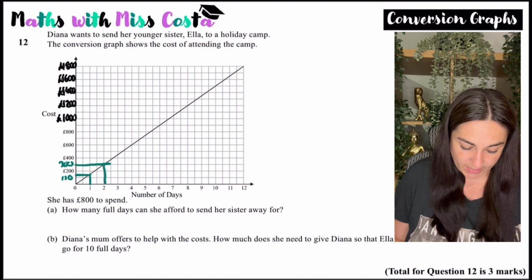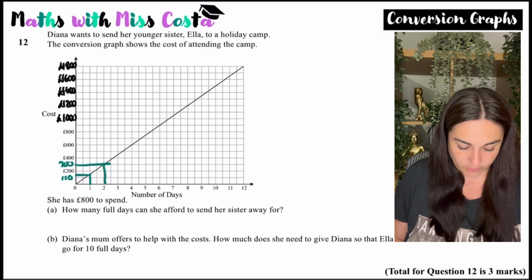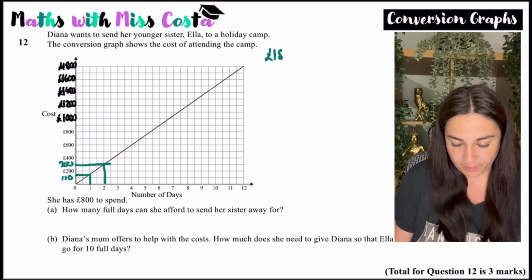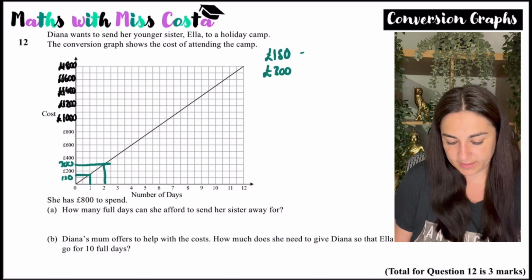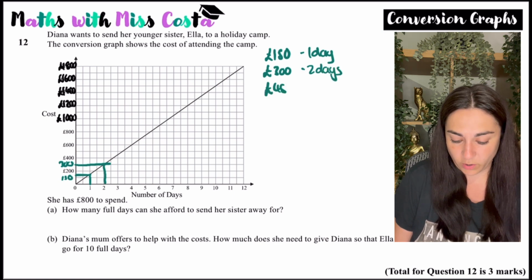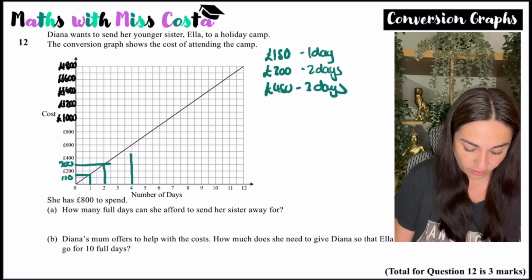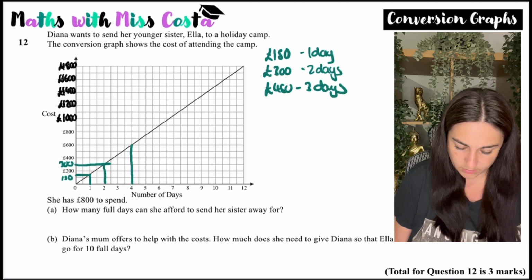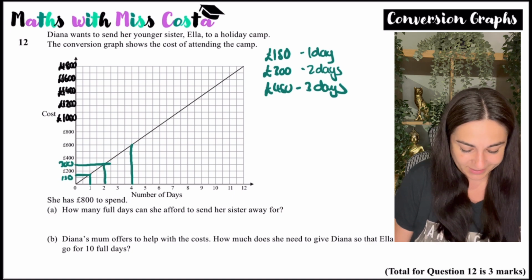So we know that 1 day costs £150. Therefore, 2 days are going to be 300, as we've already seen. Add on 150, so £450 is how much it's going to cost for 3 days. Does that make sense using our graph? Let's go up to 3.